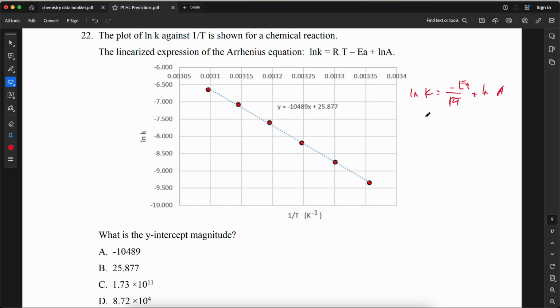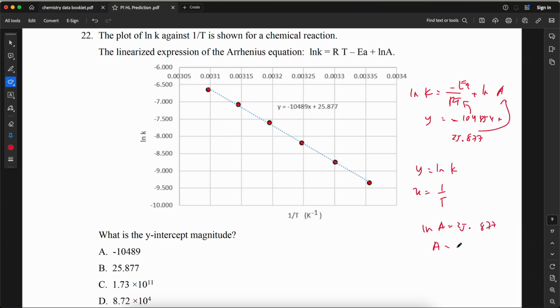So this one, y equals negative 10,485x plus 25.877. This one is ln A. So y equals ln K, x equals 1/T, and ln A is 25.877.